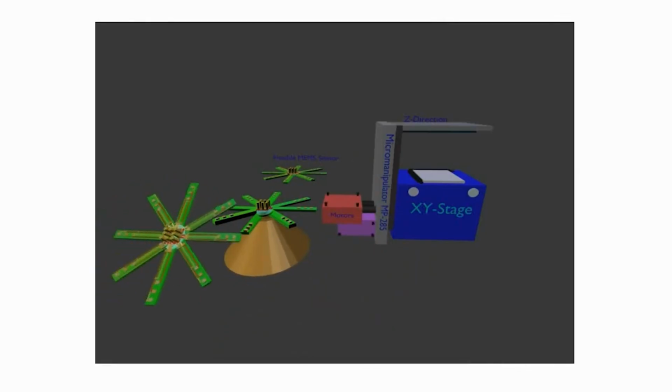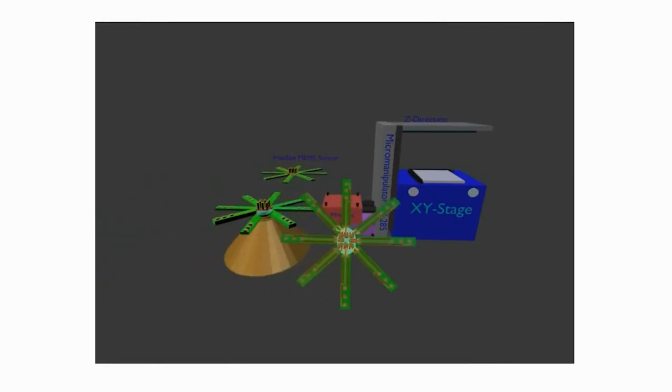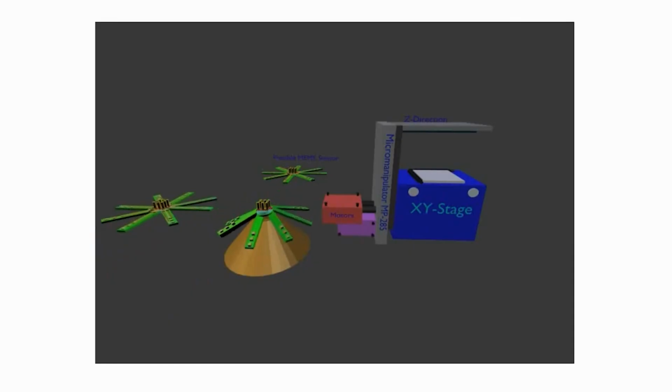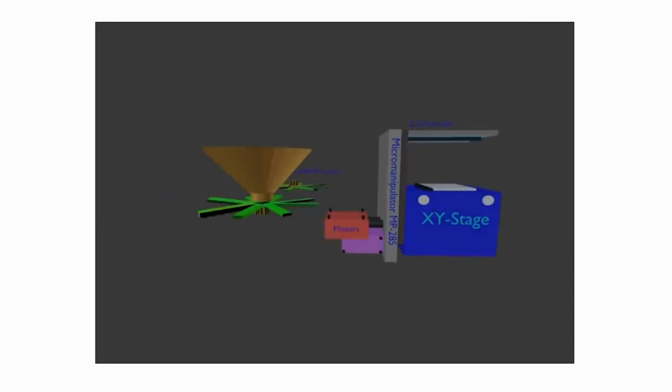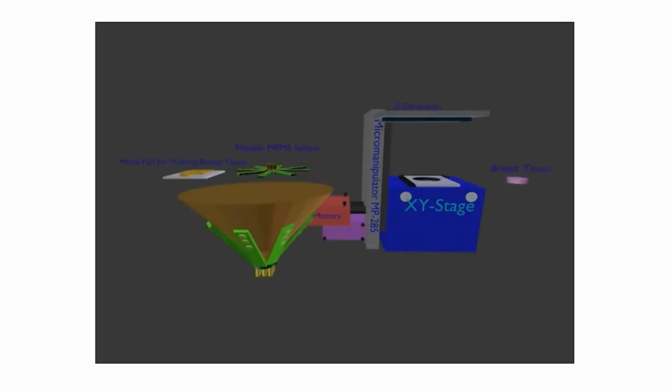The MEMS device consists of piezoresistive sensors and electrodes. When we attach the MEMS device onto the 3D printed cone, we have to load the 3D printed cone onto the micro manipulator. We loaded the cone.